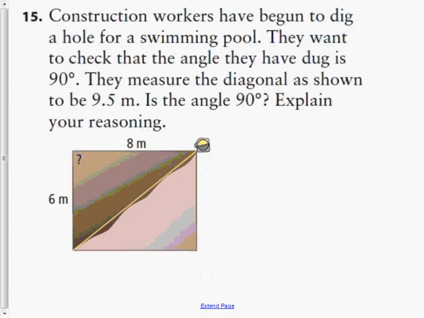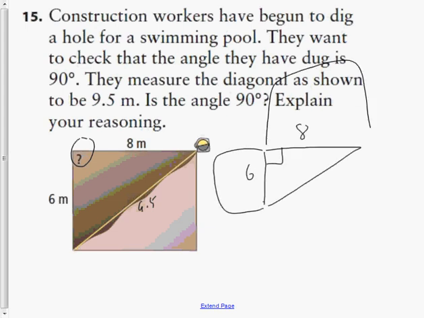Question 15 says construction workers have begun to dig a hole for a swimming pool. They want to check that the angle right here, I suppose, well, hang on, how's that even possible? The angle right here, okay, I guess so, is 90 degrees. They measure the diagonal shown to be 9.5 meters. Let's see if that works. So if I draw my right triangle, and I'll draw it just the way it is here. There's my right triangle, 8 and 6, and 9.5.